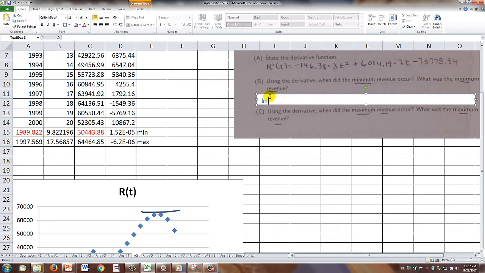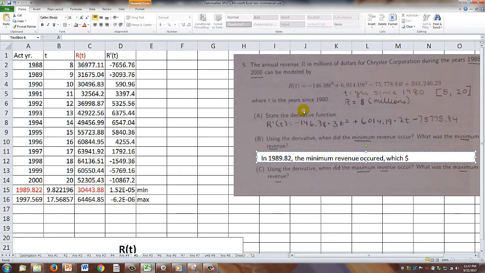So in 1989.82, the minimum revenue occurred, which was, and then again we have to go back to our units.